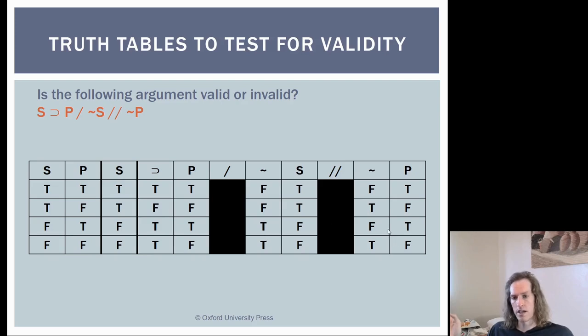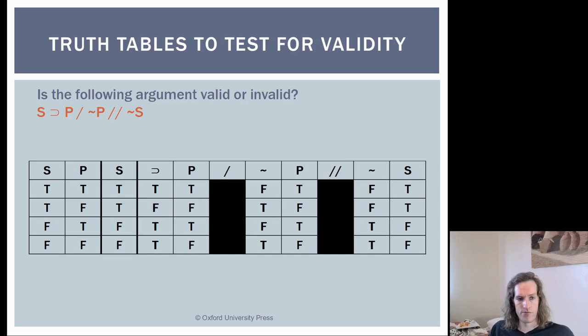If we look at the last 2 rows, where if S then P is true and not S is true, we can see that in one of these rows, the third row, the value of not P is false. So this would give us a situation where the first premise, if S then P, is true, and the second premise, not S, is true, but the value of the conclusion is false, so this is an invalid argument.